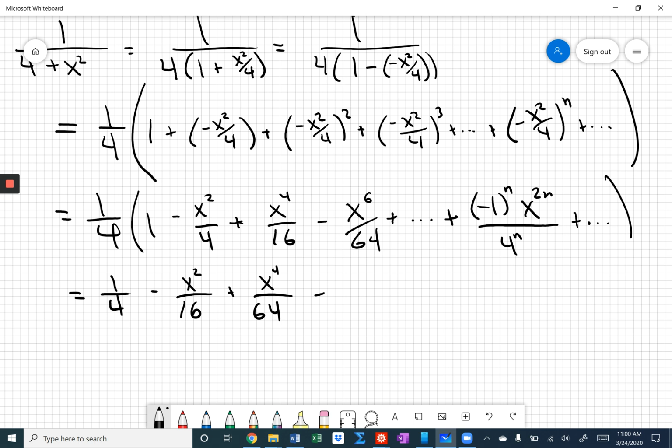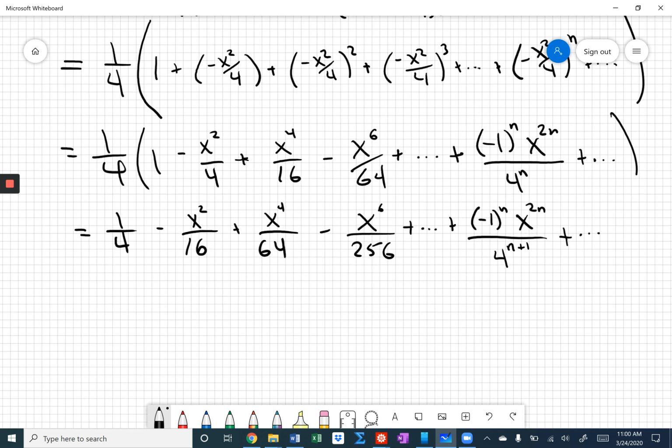And then minus x to the 6th over 256 plus dot dot dot plus -1 to the n, that doesn't change. x to the 2n doesn't change. 4 times 4 to the n is going to be 4 to the n plus 1 plus dot dot dot. So this is our power series for that expression.